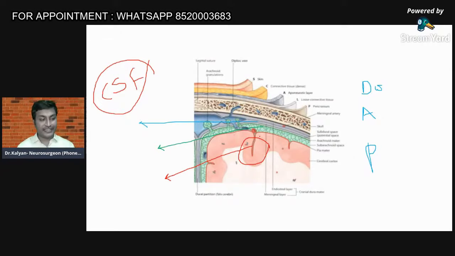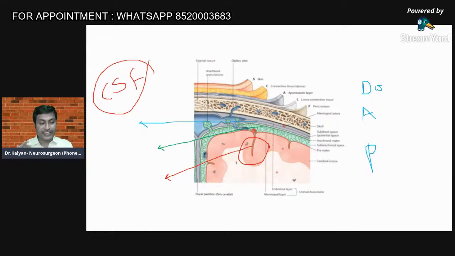Suppose the blood is in the subdural space. I'm not typing it, answer. So I'm speaking of subdural hematoma. Will this hematoma enter into the sulci? Yes or no?